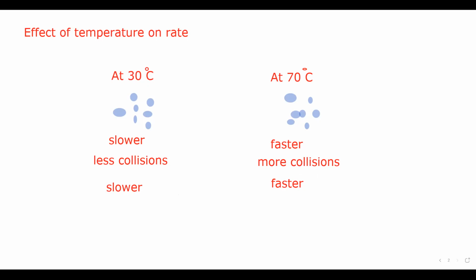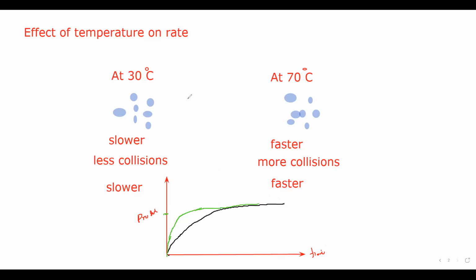So when we sketch the graph for the temperature, the amount of the product and the time, at 30 the reaction will be slower as compared to 70, where the reaction will be faster, but the final amount of the product will be the same.